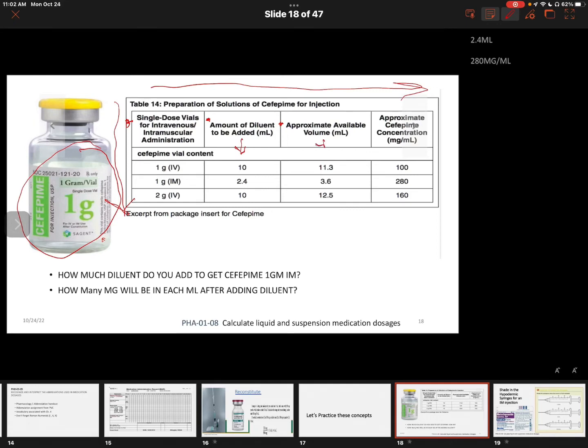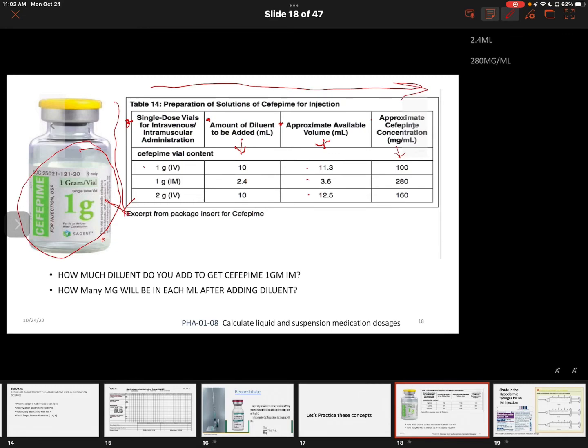What that means is after we add the milliliters, this is how much fluid will be in the bottle. The next box, the approximate cefepime concentration, milligrams per milliliter. And then you can see these numbers below.